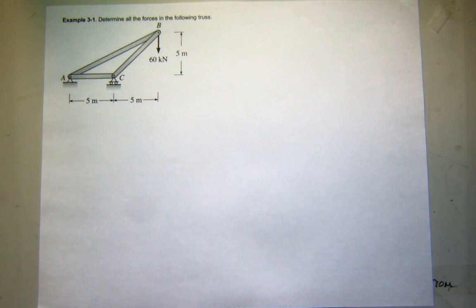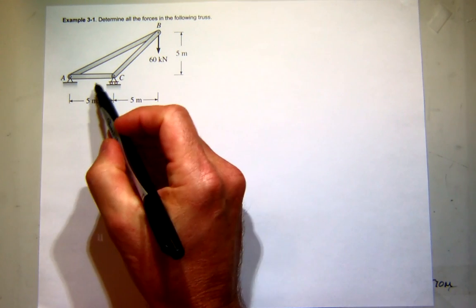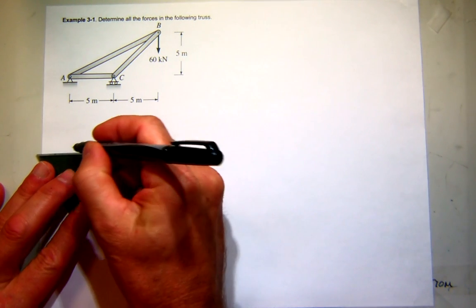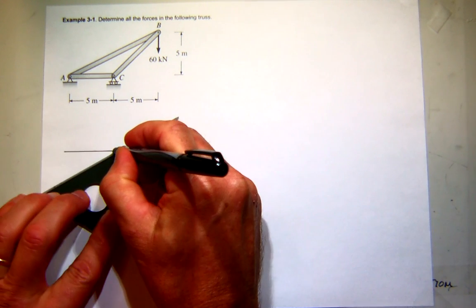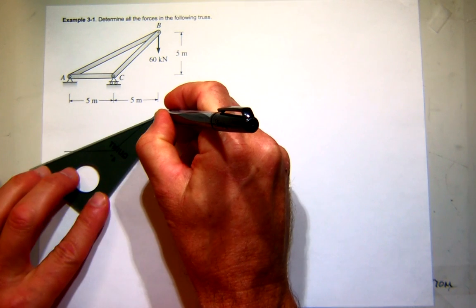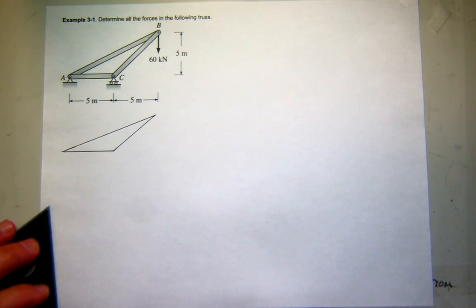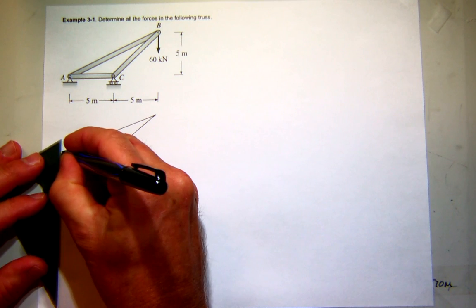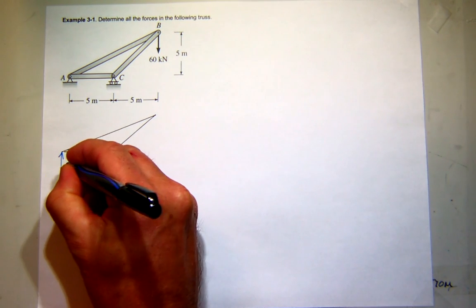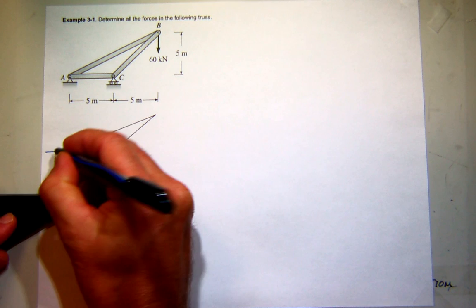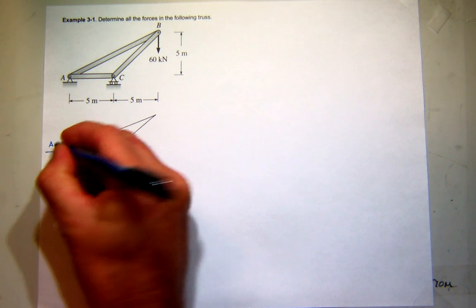So what I want to do first is see if I can get my reactions. I think I can. So let's go ahead and I'll quickly draw a free body diagram of the structure. And I will assume at A that I have a force in the y direction and a force in the x direction.